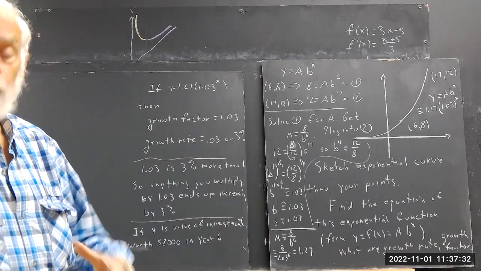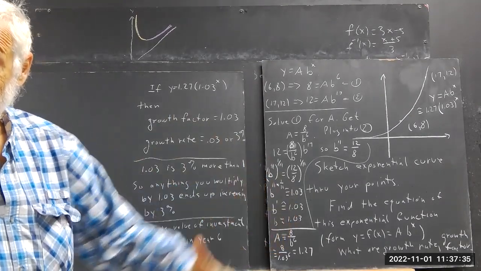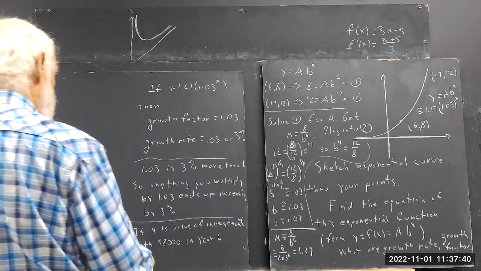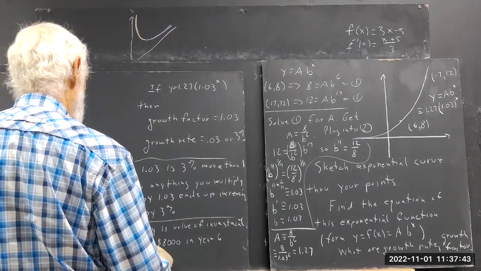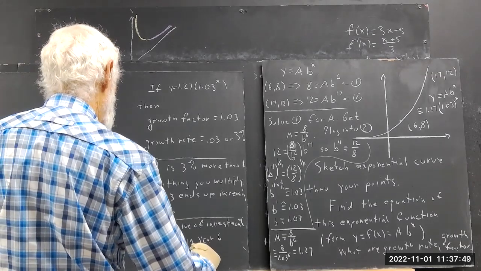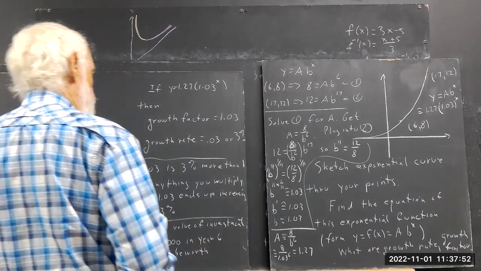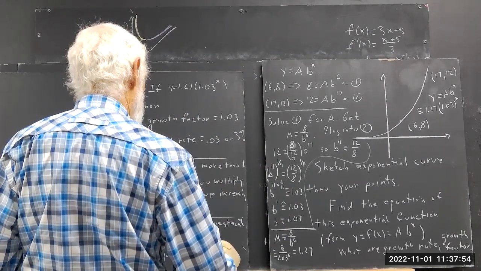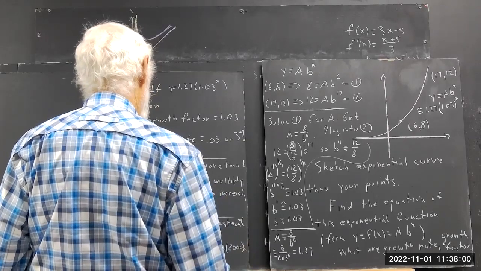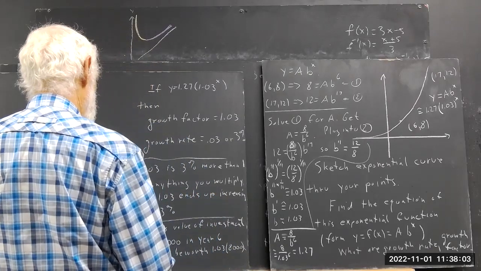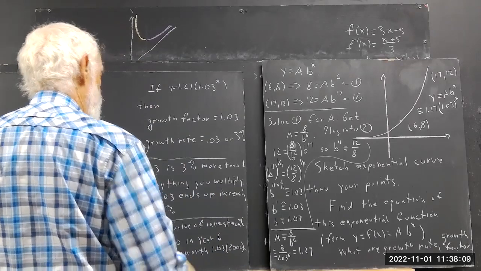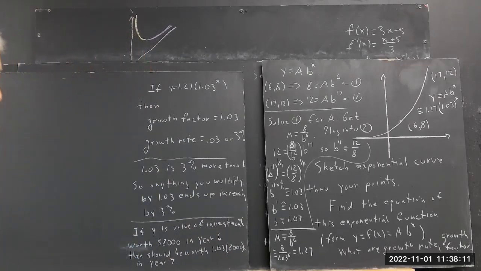But let's say on January 1st of year 6, it's worth $8,000. Then it'd be worth 1.03 times $8,000 in year 7.